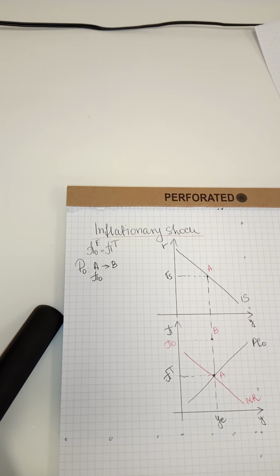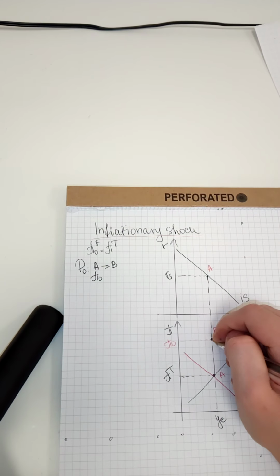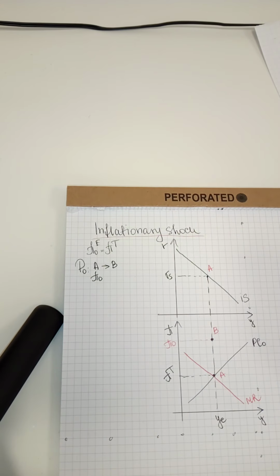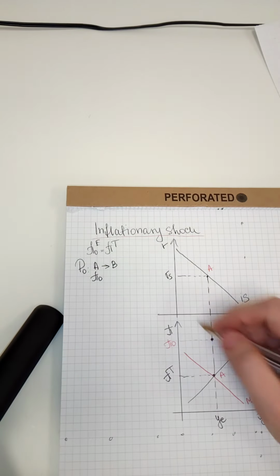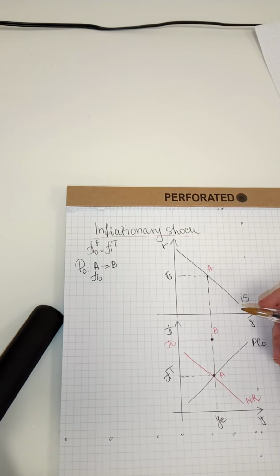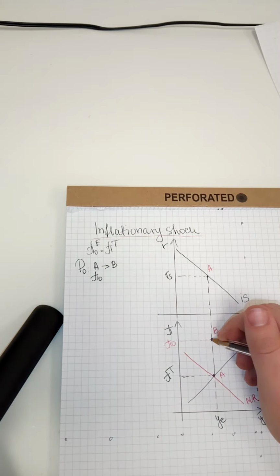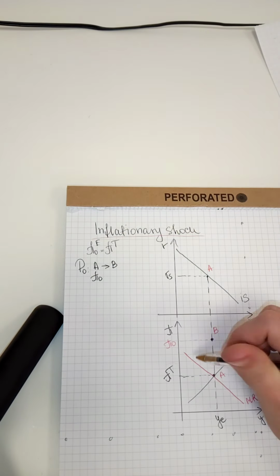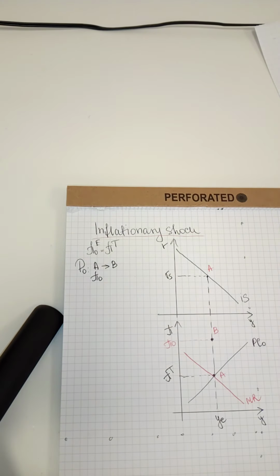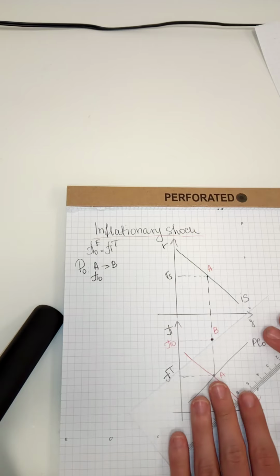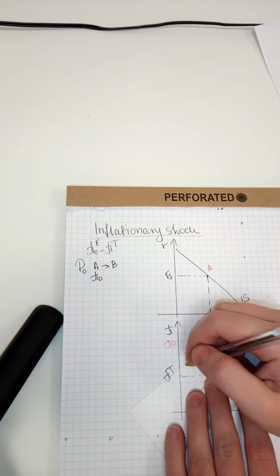So now we have the central bank, a rational player, which can definitely say that point B is not an optimal loss minimization point because it's not located on the monetary rule curve. So in this case, the central bank tries to predict what will happen in period 1.